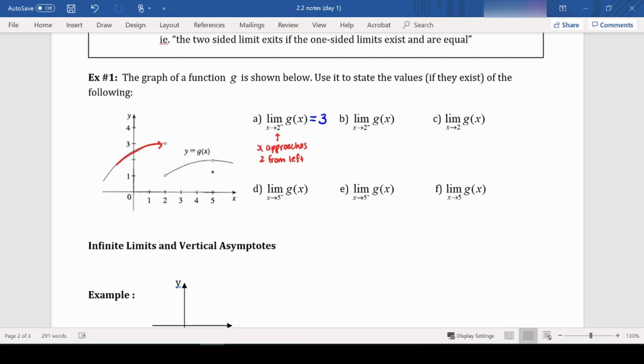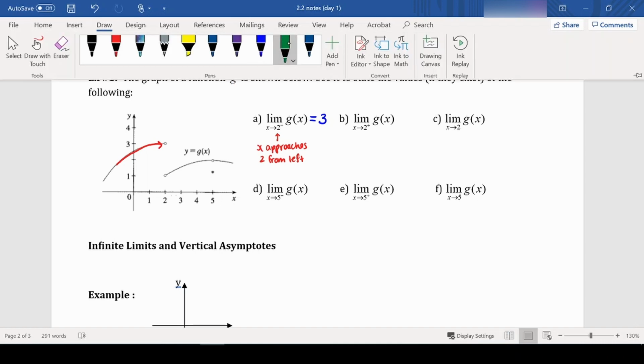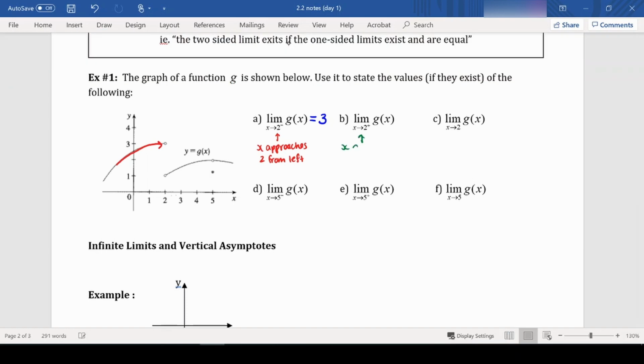Okay. If we approach from the right instead, this means if we look to the right-hand side of our x value of 2 and look for that part of the function, we're traveling along that side of the function. We're getting very close to an x value of 2.